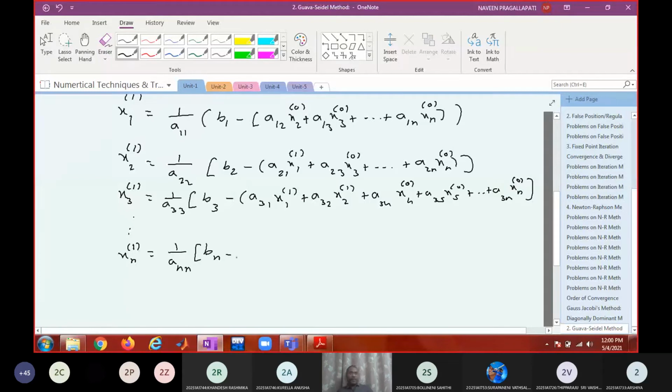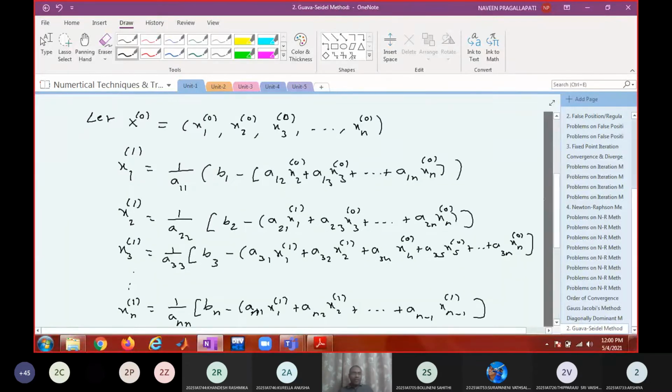By the time you reach xn, all the previous values are updated. So that means an1 x1 plus an2 x2 updated values plus and so on plus an,n-1 x(n-1) updated value. And this is for the first approximation.